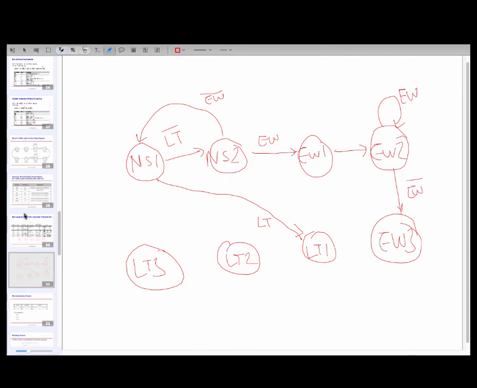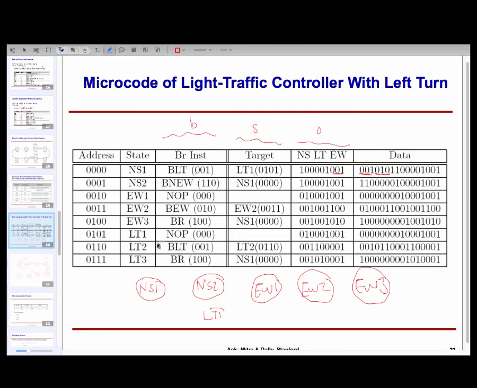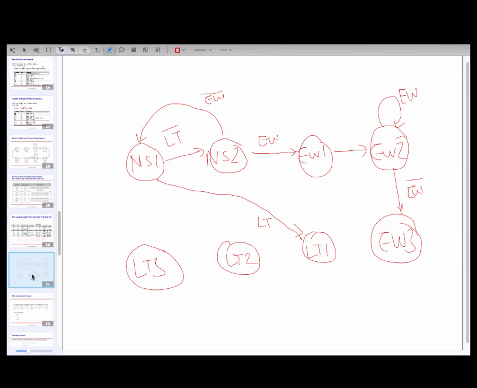Let's try EW3. So if I'm in east-west 3, what is happening? Always branch to NS1. So from east-west 3, we are always branching to NS1.